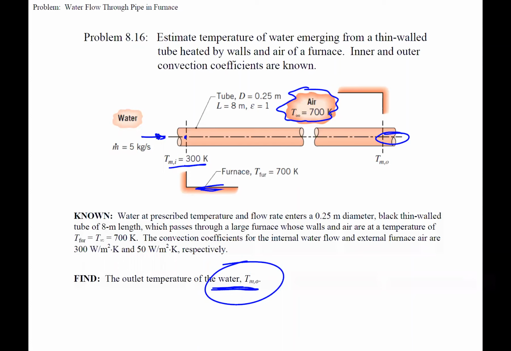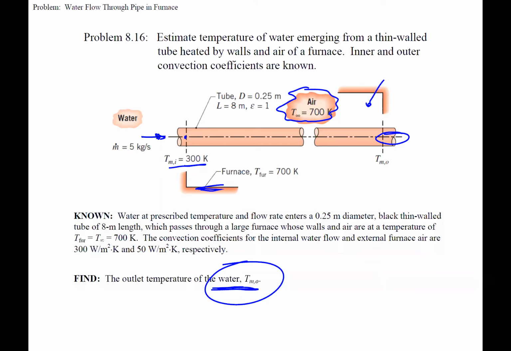External fluid temperature. Yeah, so we have this furnace, and in a furnace you might have a thermocouple measuring the air temperature, and you're controlling that furnace to 700. Just like in your house, you don't have a furnace in Florida, but the thermostat is controlling it to a temperature, so it's controlling the air, right?